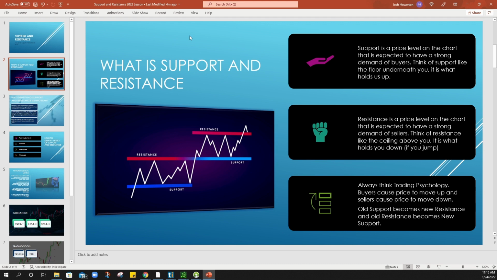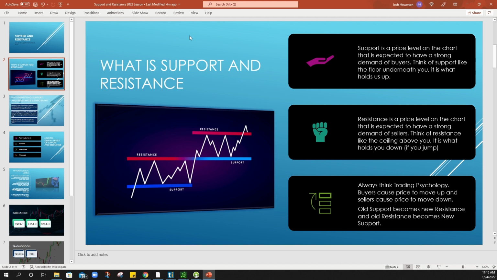That's why support is support, because you have buyers there. Support is not a magical line on the chart that just holds up. The only reason support is support is because there is a strong demand of buyers. And buyers cause the stock's price to move up.